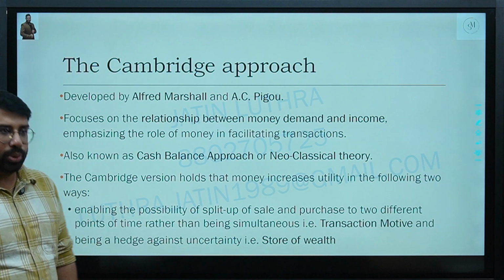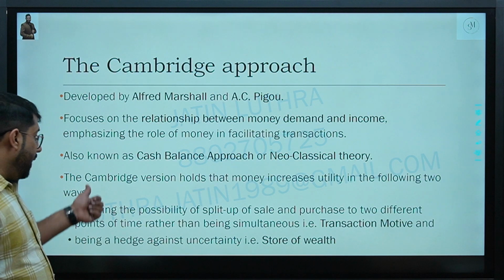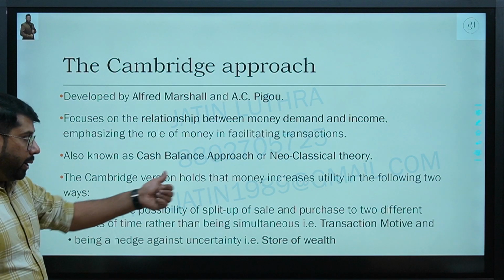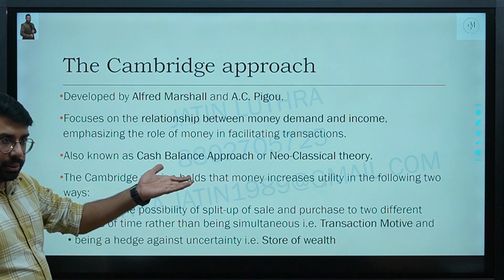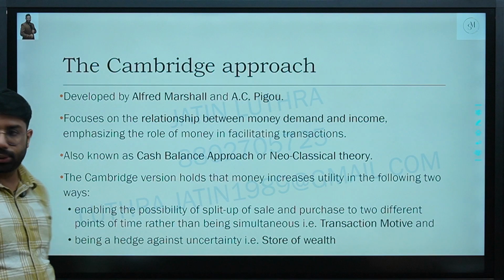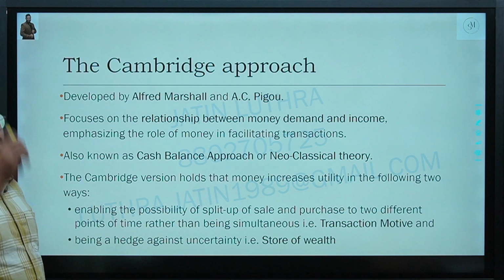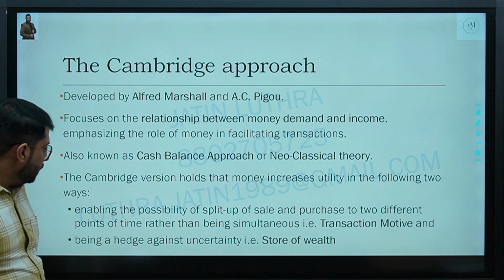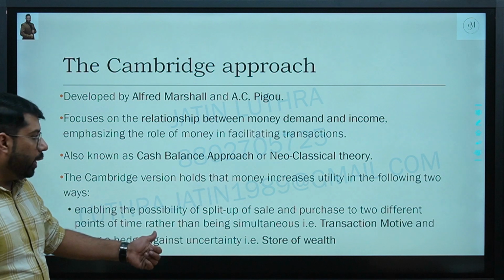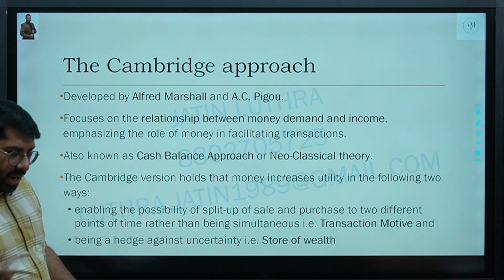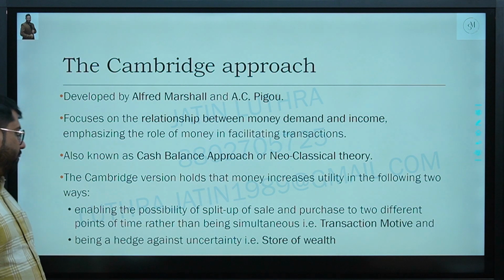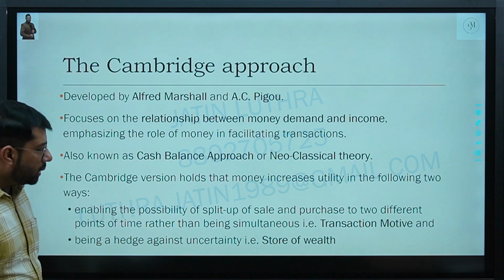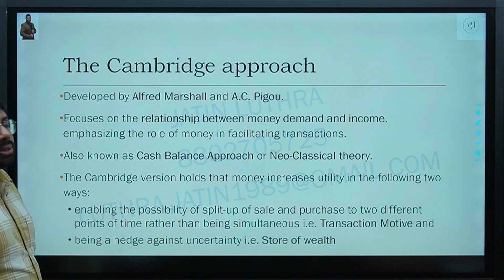It says money increases utility in the following 2 ways. Why do we increase the demand for money? Because first, it enables the possibility of split up of sale and purchase at 2 different points of time rather than being simultaneous, that is the transaction motive.